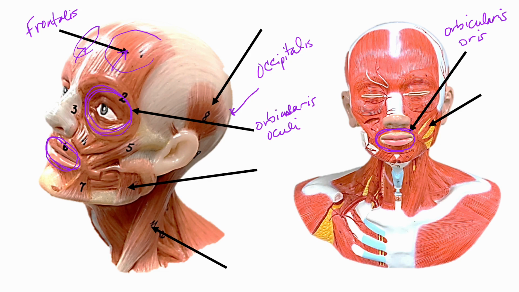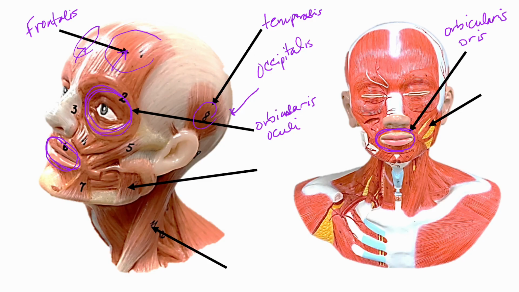Okay, let's see. Now I'm going to move to this muscle that's labeled number 8 that's over the temporal bone. So that one is called the temporalis muscle. Okay, and that muscle is actually innervated by cranial nerve 5, the trigeminal nerve.